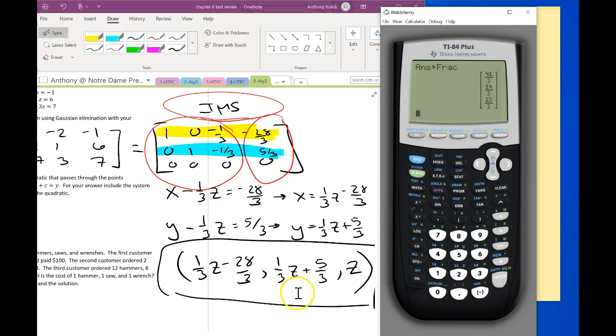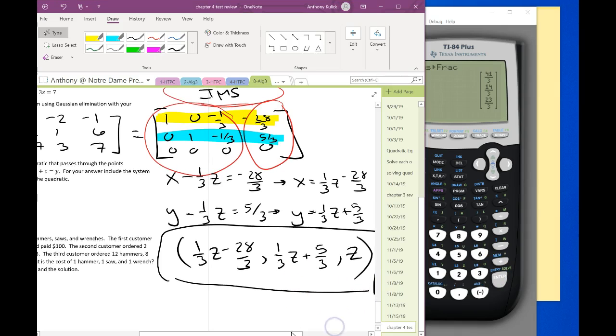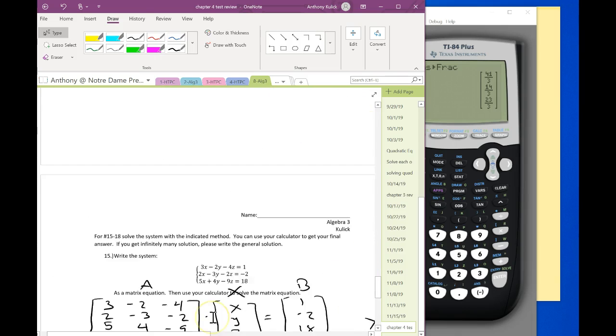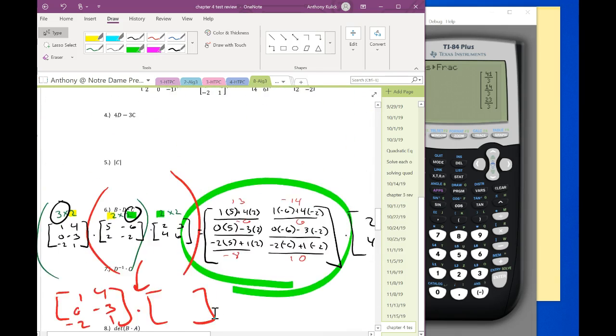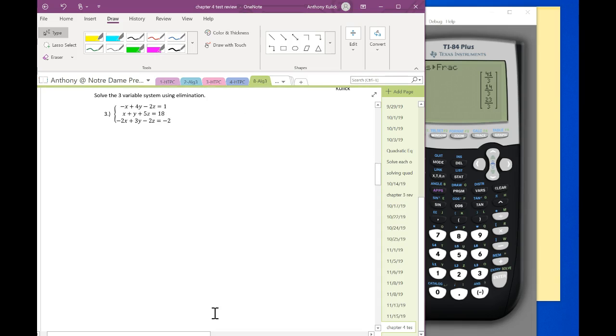For number 3? On number 3, I ask you to use elimination. So that's a by hand method. Now, I would certainly start number 3 by doing the RREF on it so I knew what the solution was. So as I was doing it by hand, if I got the wrong answer at some point, I would know to go back and double check my work and look for the mistake.